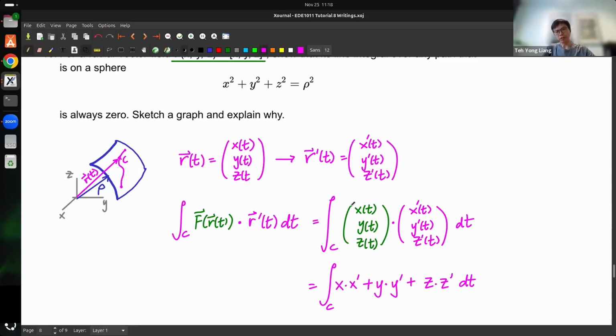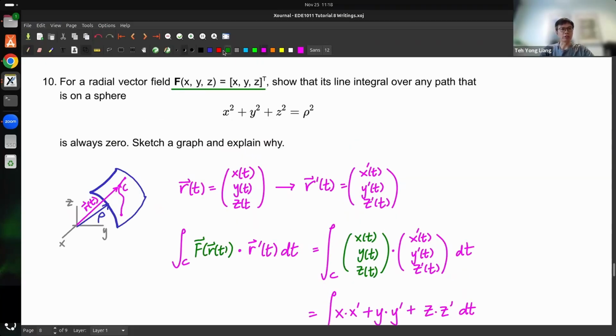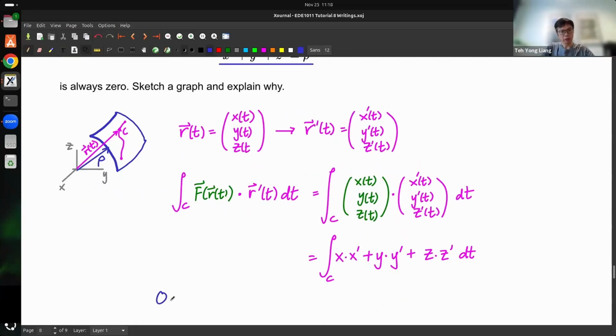Okay, so far everything is general. I didn't say that the path has to be on the sphere. Up to this stage, everything is general. So now I'm going to look at the sphere. Now this is on the sphere. Okay, on the sphere, our equation is x squared plus y squared plus z squared equals rho squared.